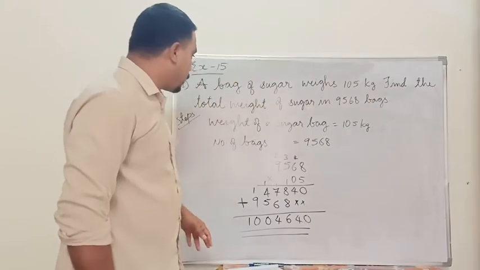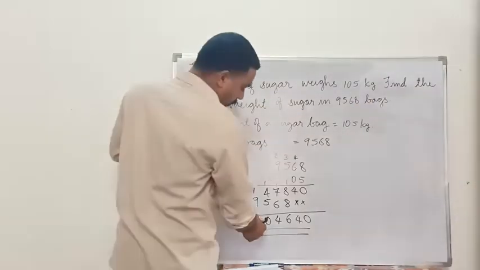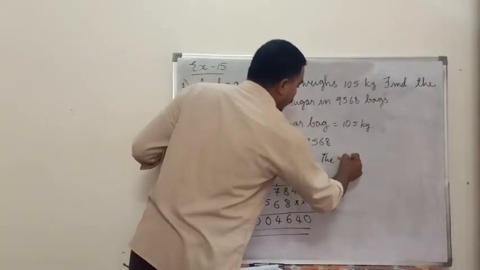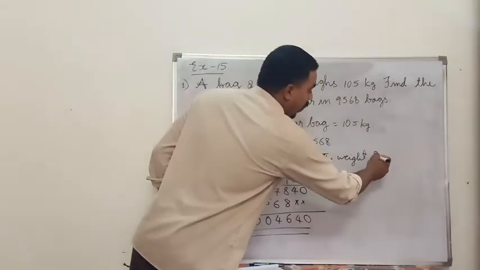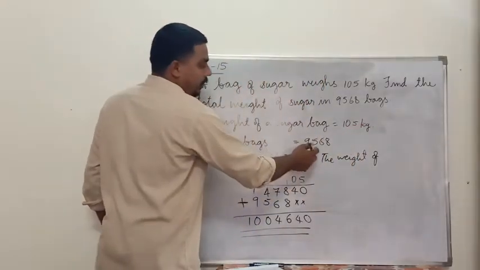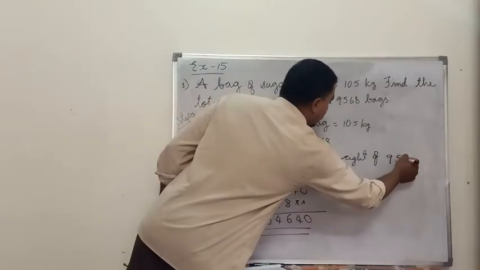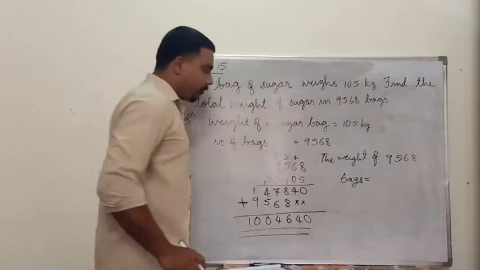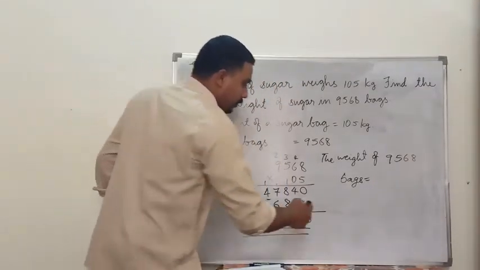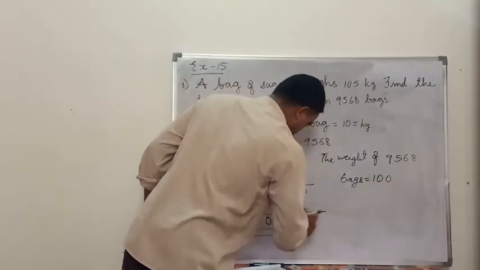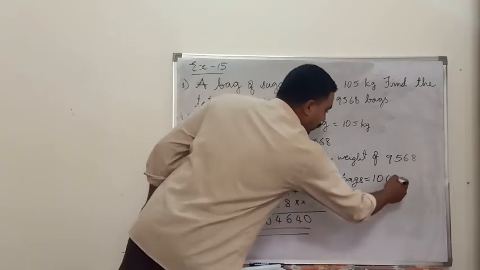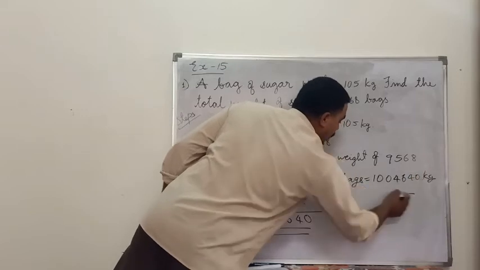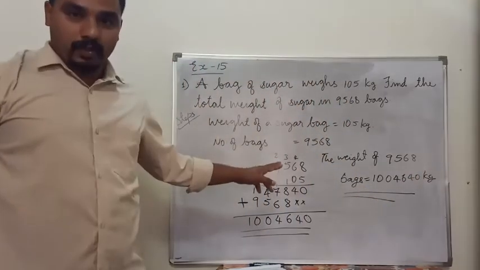So we have to write the weight of 9,568 bags is equal to 10 lakh 4,640 kilograms. So you have to write the answer in this way.